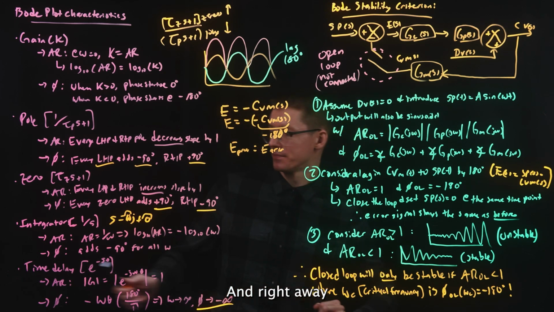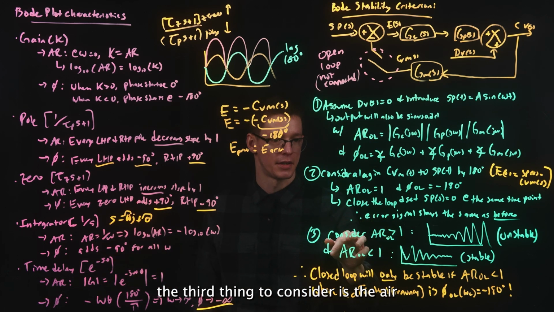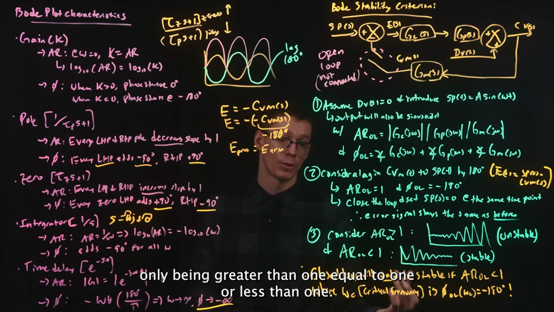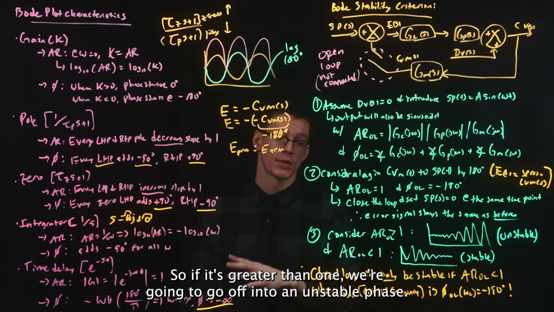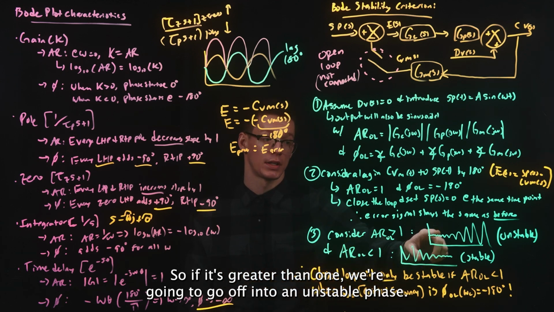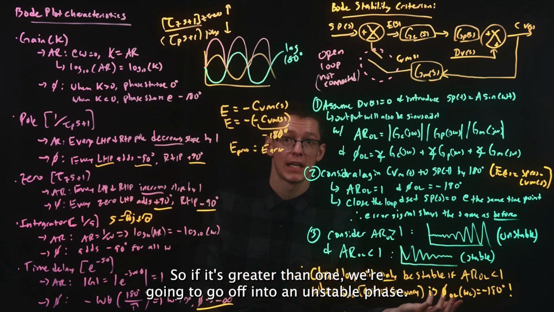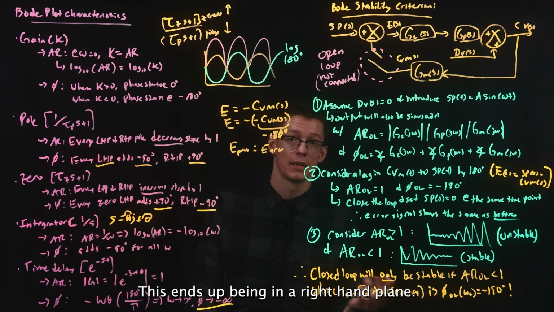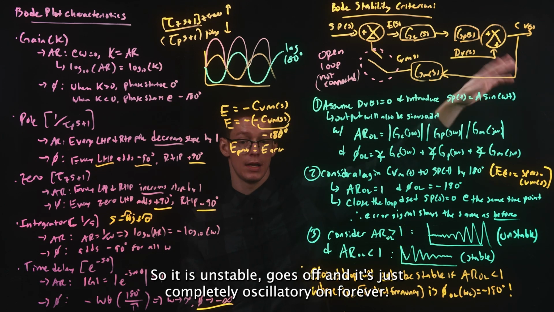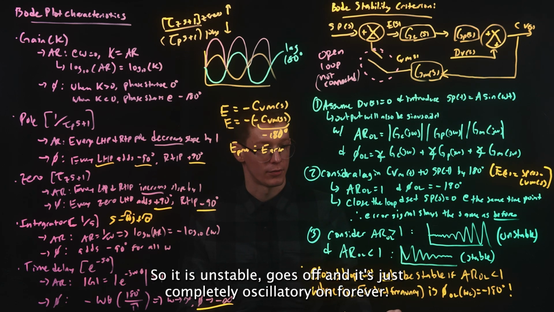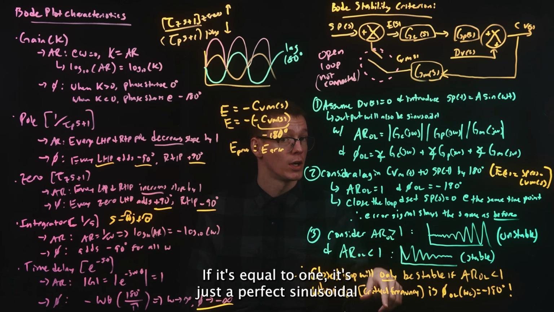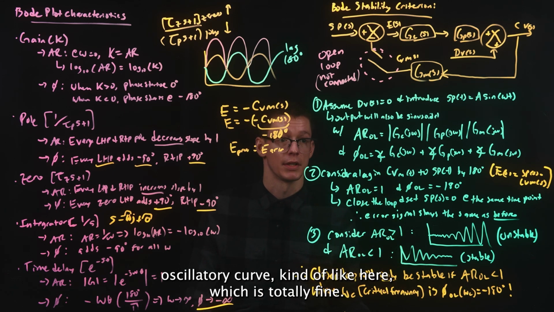The third thing to consider is the AROL being greater than 1, equal to 1, or less than 1. If it's greater than 1, we're going to go off into an unstable phase. This ends up being in the right-hand plane, so it is unstable, goes off, and is just completely oscillatory forever. If it's equal to 1, it's just a perfect sinusoidal oscillatory curve, kind of like here, which is totally fine.